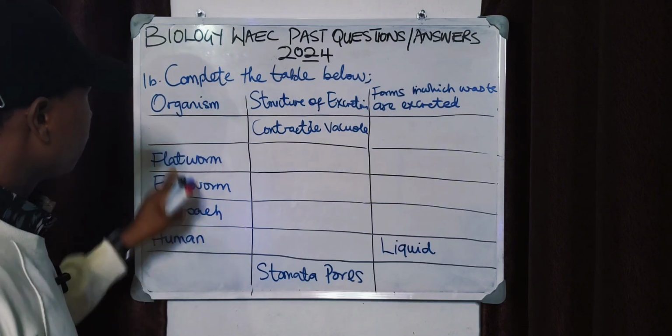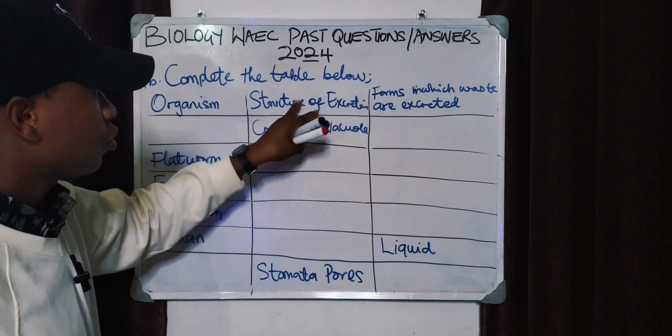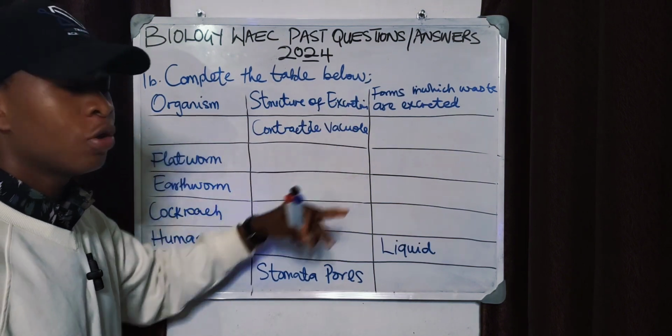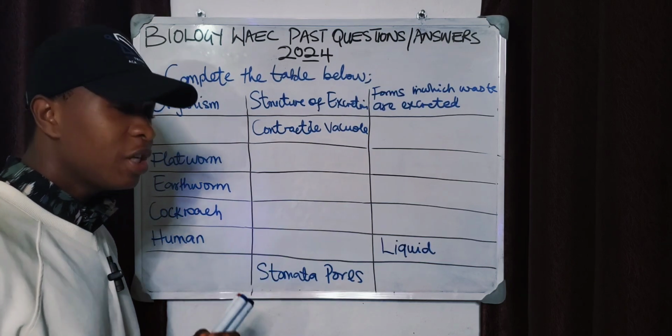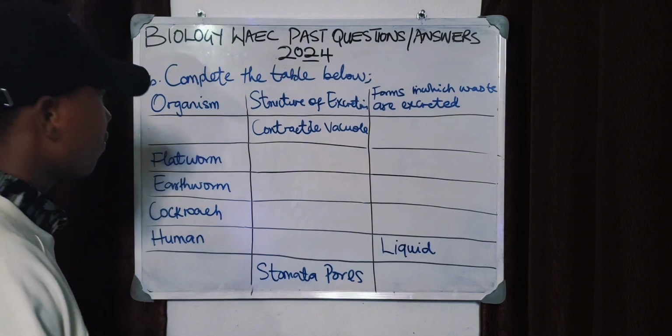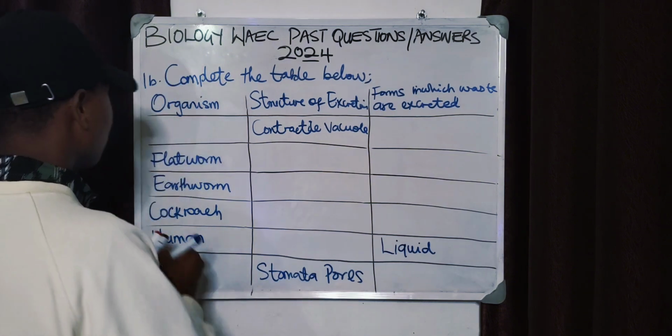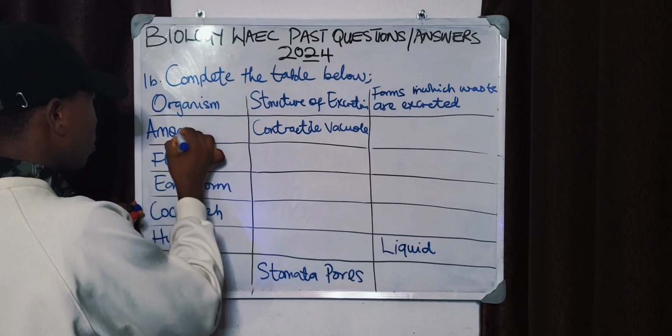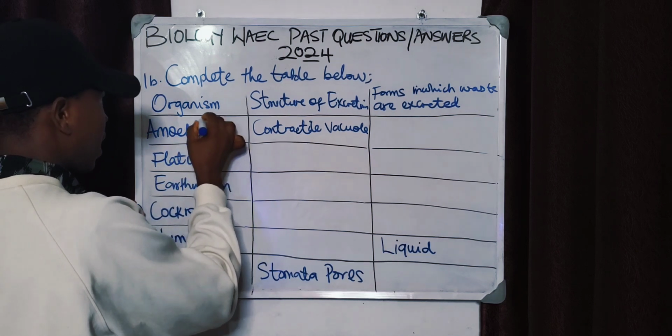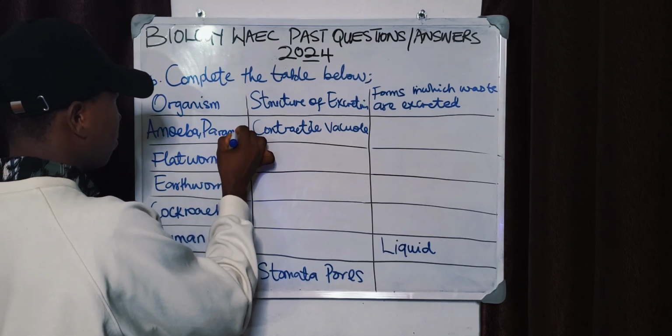The first one, under structure of excretion, is contractile vacuole. So which organism uses contractile vacuole as its structure of excretion? So we have mostly the protists. So amoeba is in this group. Then you can add the paramecium.